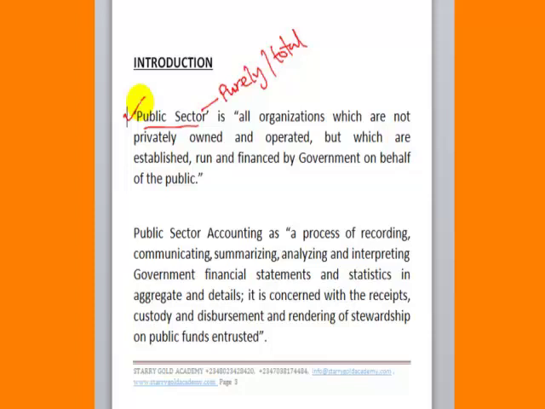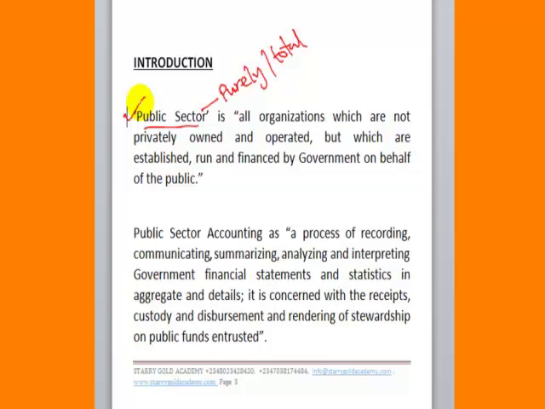Now, let us look at what is public sector accounting. Different authors have come up with different definitions.